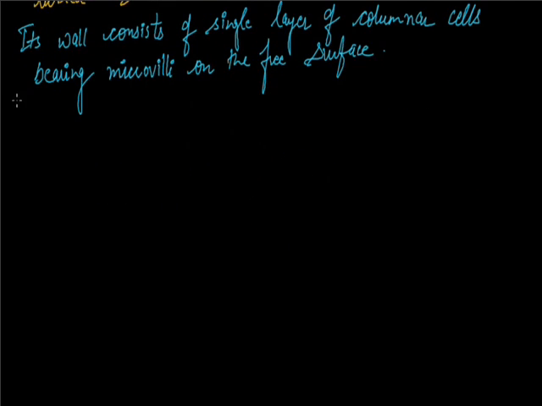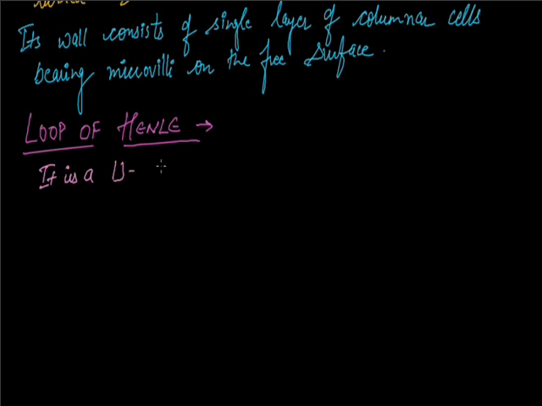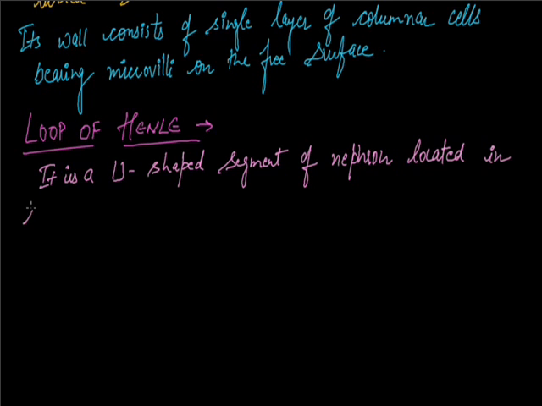Next part is loop of Henle. It is a U-shaped segment of nephron located in renal medulla.